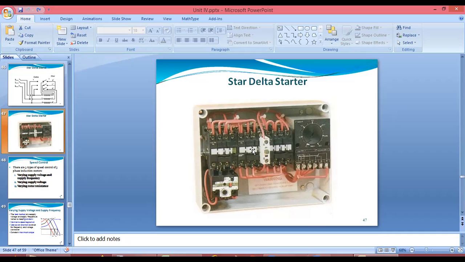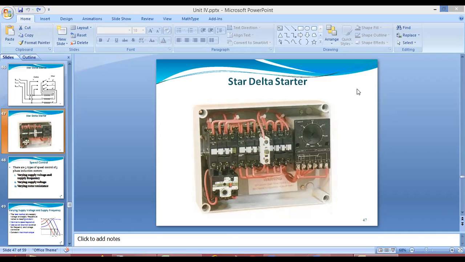But when we use a direct online starter, the starting current is 5 to 7 times higher than the load current. When we use the star delta starter, the three-phase supply is temporarily in star connection, and the phase voltage is reduced to 0.58 times the normal voltage.